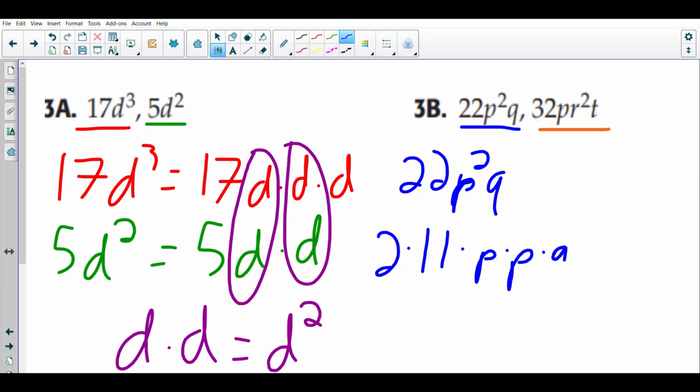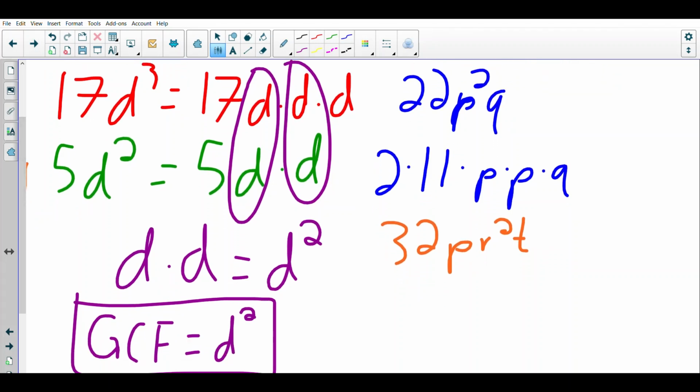All right, so now let's do 32pr squared t. So this 32 can be rewritten.